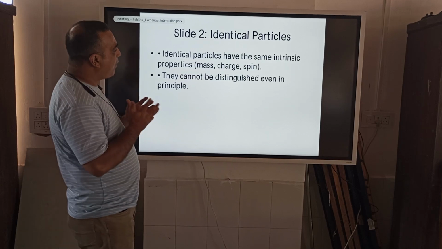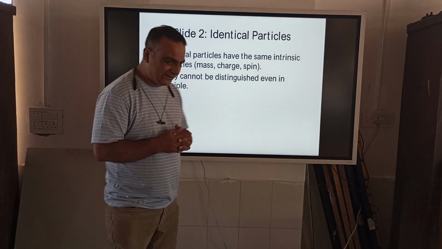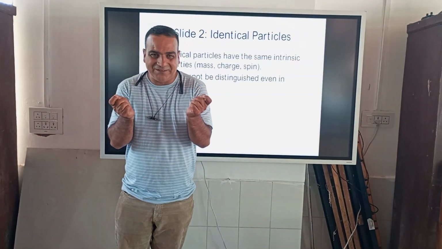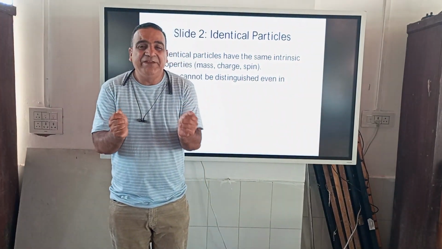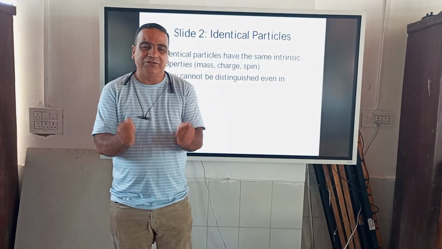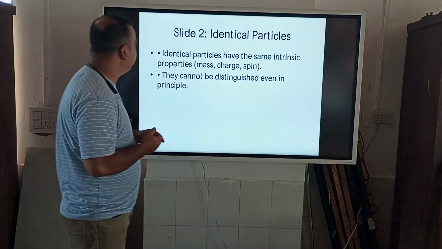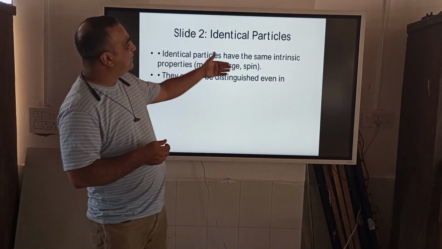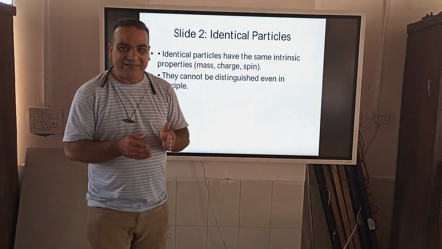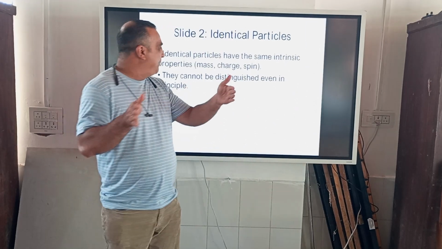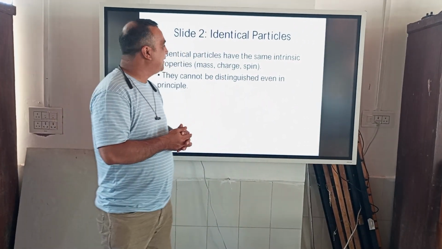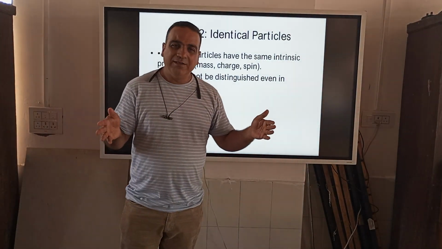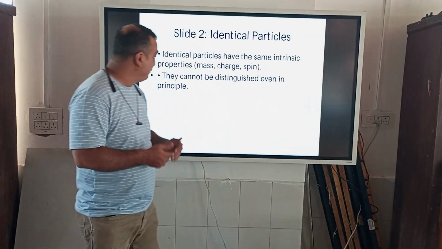So what are identical particles? How can we say that two particles are identical? I mean, what are the basic identification marks for two particles to be identical to each other? Identical particles have the same intrinsic properties. They must have the same mass, the same charge, and the same spin.